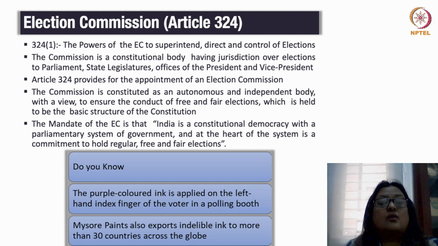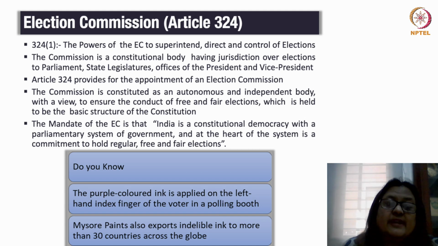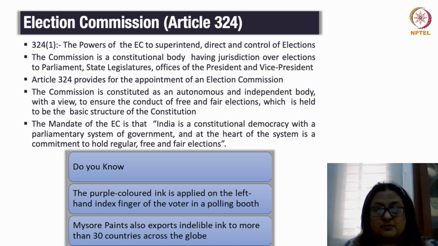The Commission is a constitutional body having jurisdiction over elections to the Parliament, state legislatures, and the offices of the President and the Vice President. So this covers the entire process of elections in the whole country. This article also provides for the appointment of the Election Commission.